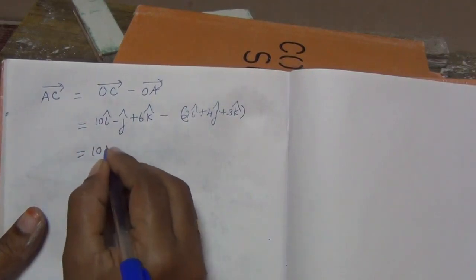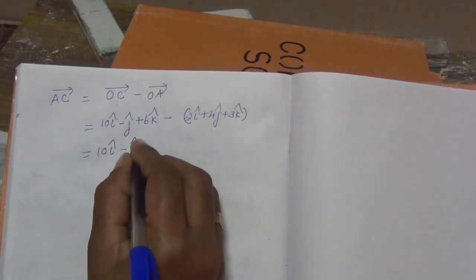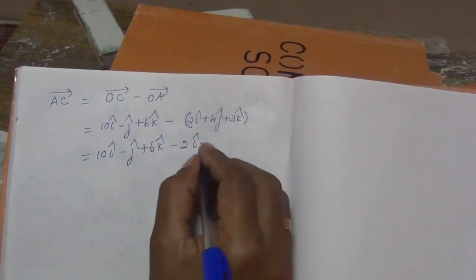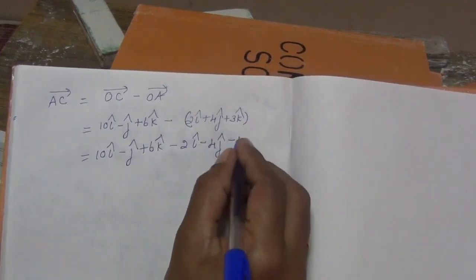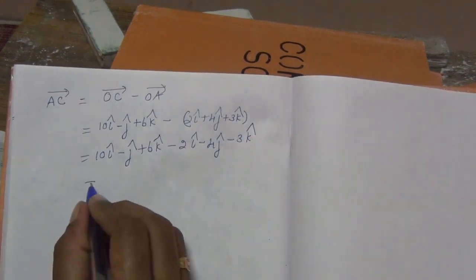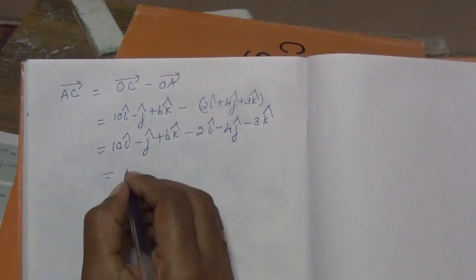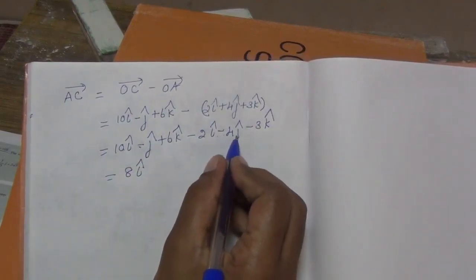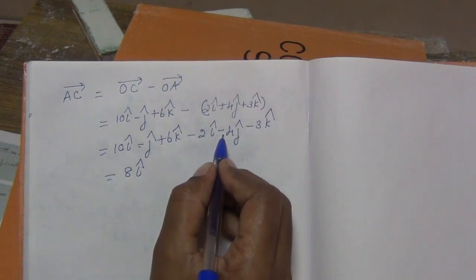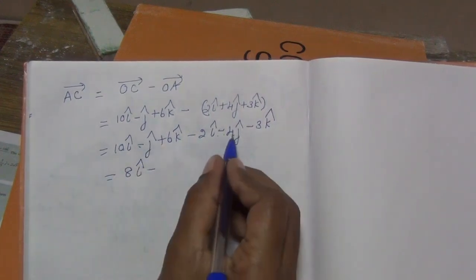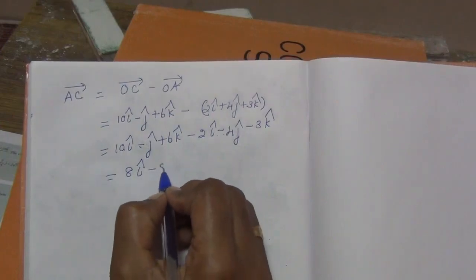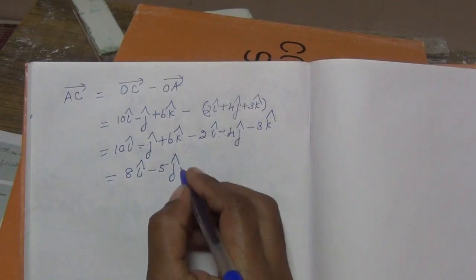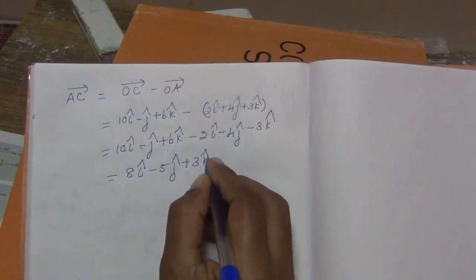Now we will simplify. 10i cap minus j cap plus 6k cap minus 2i cap minus 4j cap minus 3k cap. See, 10i cap minus 2i cap is 8i cap. This is minus j cap minus 4j cap. We know if two numbers are negative, we add the numbers and put the negative symbol. So we will be getting minus 5j cap. 6k cap minus 3k cap is plus 3k cap.